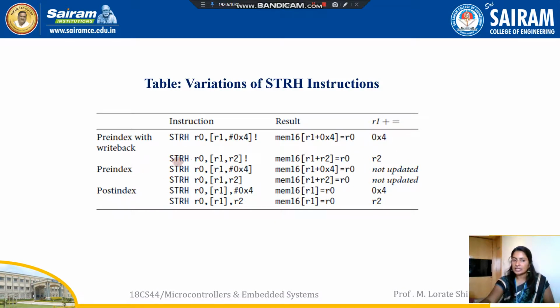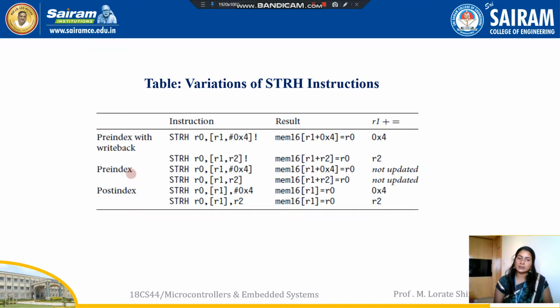Next instruction is store halfword R0, [R1, R2]. From the register R0, 16-bit data will be stored in this memory. How to find memory? R1 plus R2, that is given here. Whether we have to update R1: yes, we add R2, that is given here. Next, pre-index.